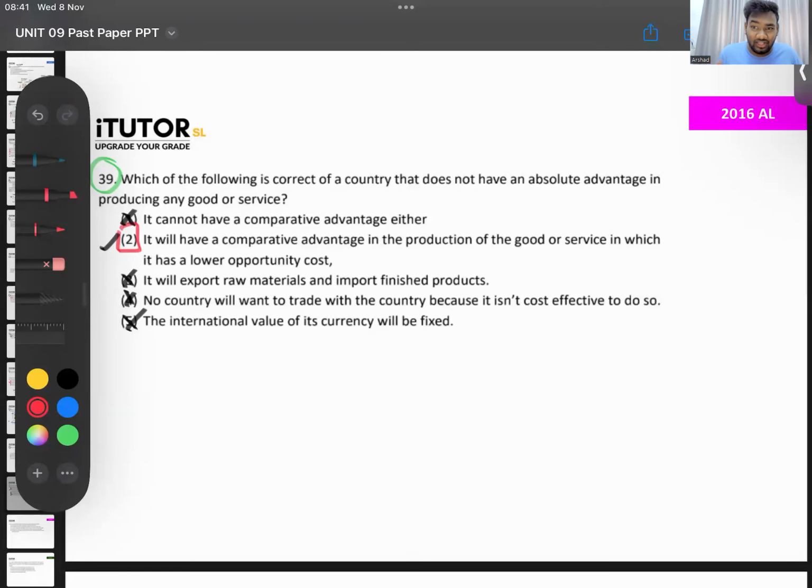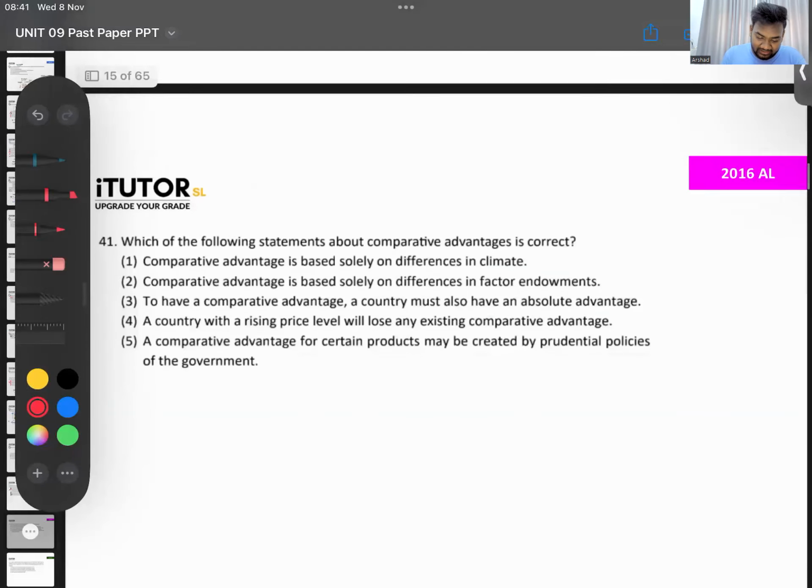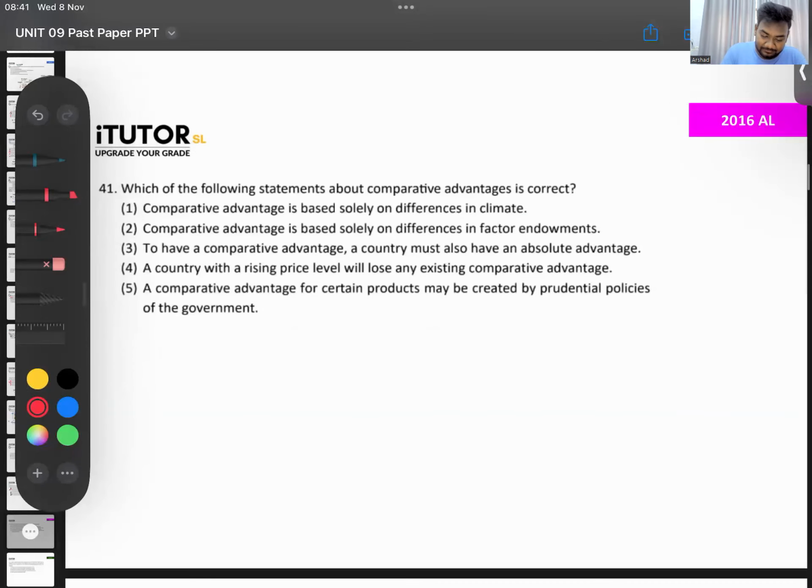So even though they don't have absolute advantage, they will have the comparative advantage in whatever it has the lower opportunity cost. In certain questions that we did before also, certain countries don't have the absolute advantage for anything, but still they had the comparative advantage because they had the lower opportunity cost. Remember our India and Sri Lanka example. Okay, 39.